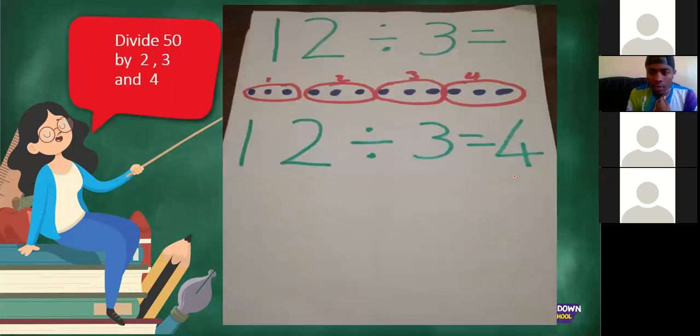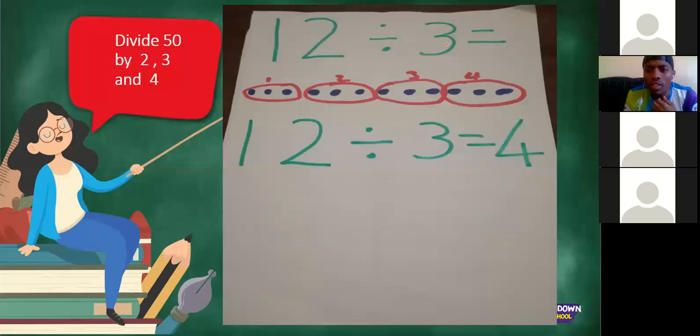Let's go to the next one. We have 12 divided by 3. We write out 12: 1, 2, 3, 4, 5, 6, 7, 8, 9, 10, 11, 12. So we put 12 items, or dots or stars, it's fine.